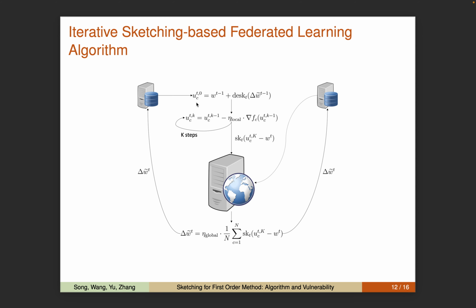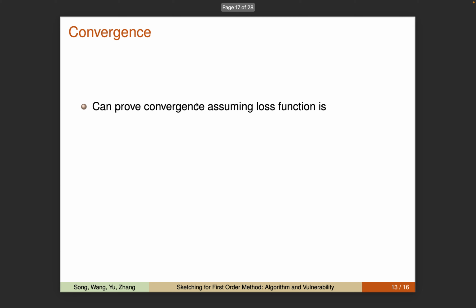For the sake of discussion, think of k as 1. So this is essentially sending the sketched gradient to the central server. The central server does a simple average across all n different sketched gradients, and then sends the averaged sketched gradient back to all the local machines, and we repeat.